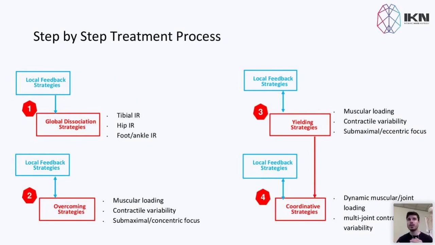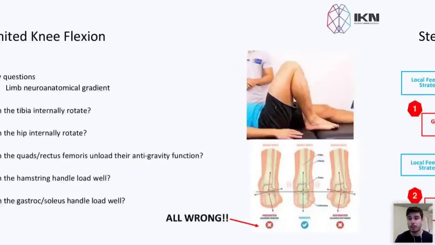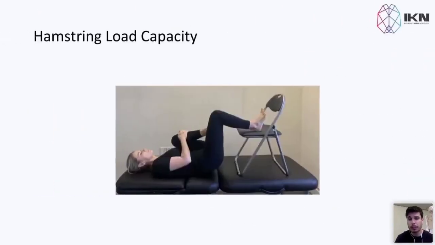It's less about trying to find one thing that fixes things, and more about trying to understand what kind of sequence we need to work in. So I've no problem with people passively stretching the quads, but maybe if you passively stretch the quads, then you come back to being able to maintain internal rotation of the tibia and move towards active knee flexion, right? And then you might progress from there to maybe extend the hip, right?